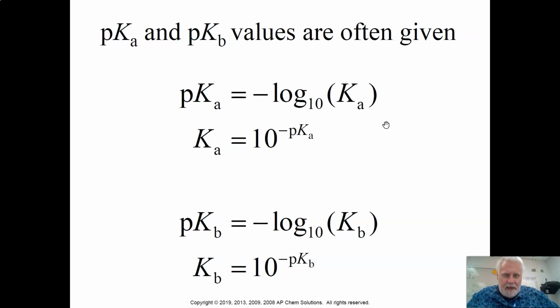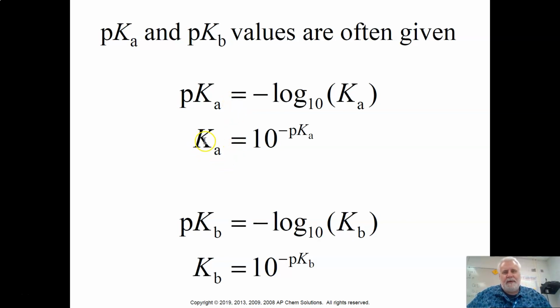Now, we can do a pKa and a pKb, just like we did pH and pOH. But we're going to do this with the Ka value. So what you can do is you can take the negative log of the Ka. That'll give you your pKa, just like pH.